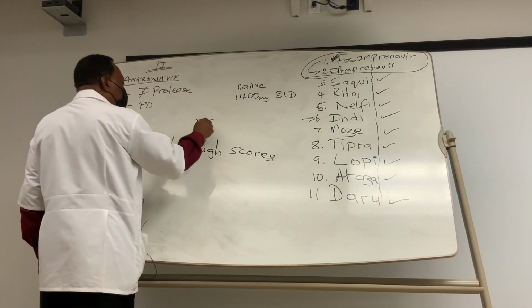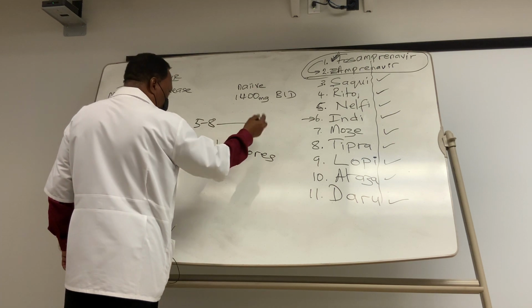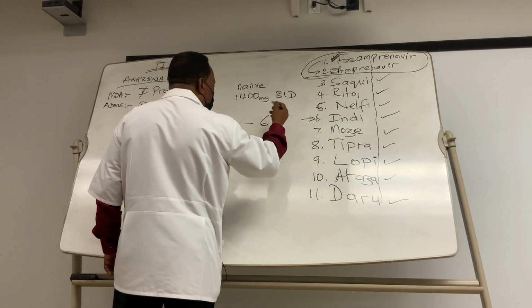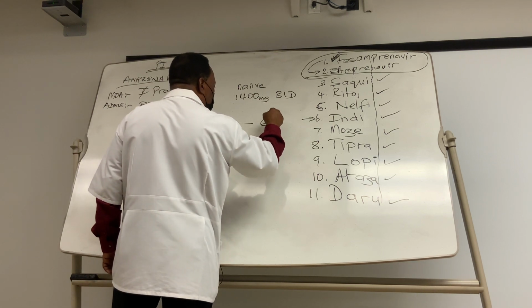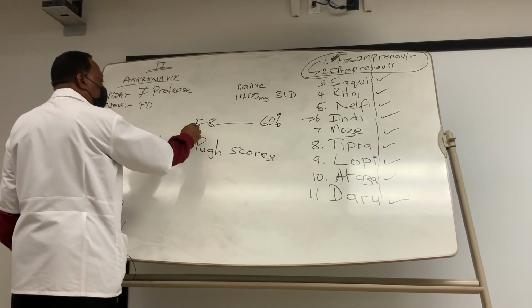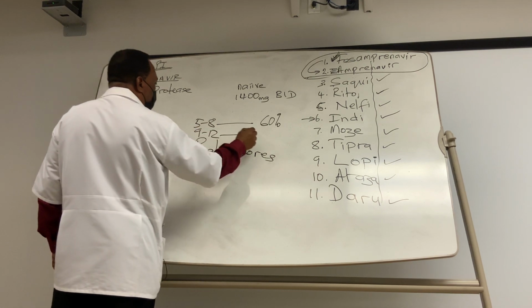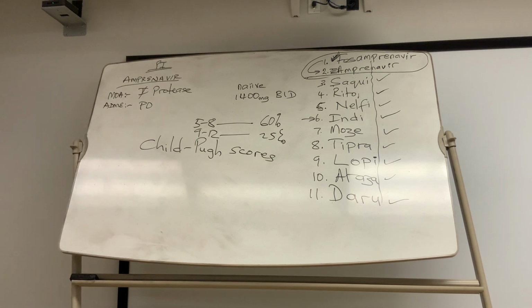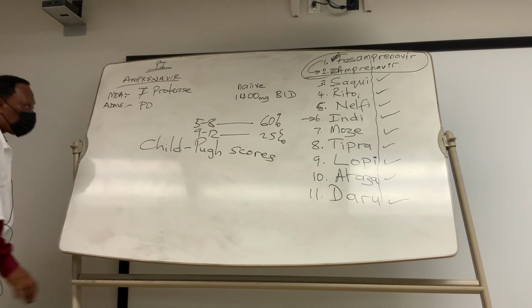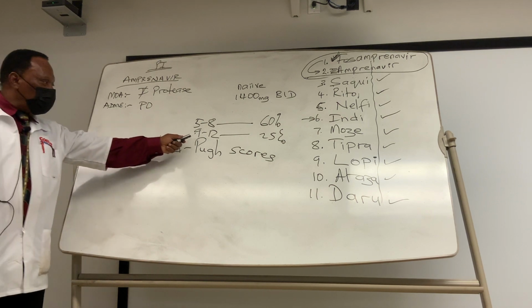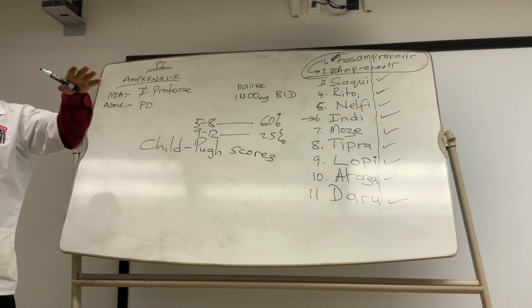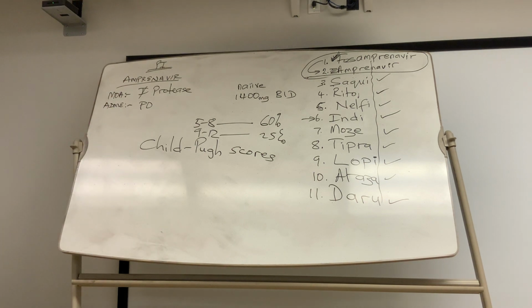So if it's 5 to 8, you give 40 to 60% of the usual dose. But if it's 9 to 12, it's only 25% of the dose that you would administer. And most people actually believe that once you get a Child-Pugh score of 9 and above, don't even use a PI. Okay.